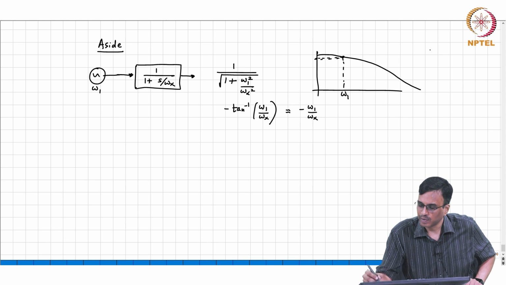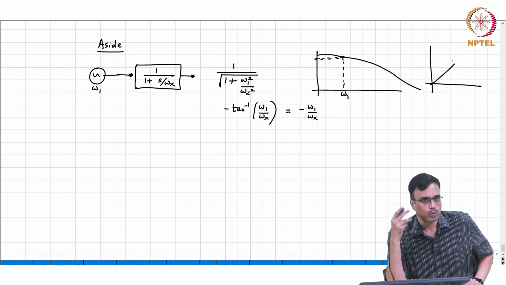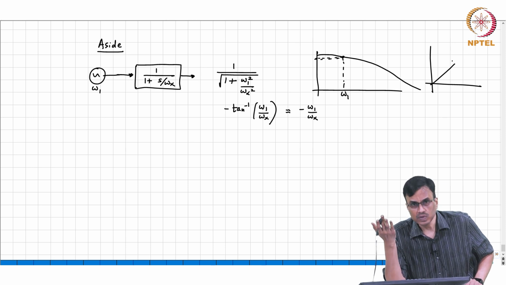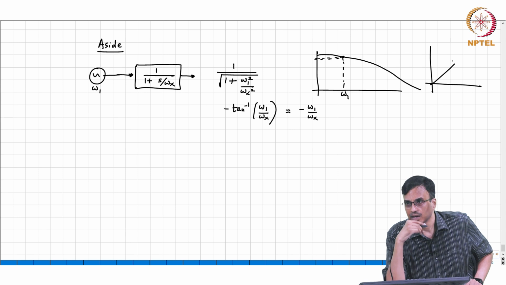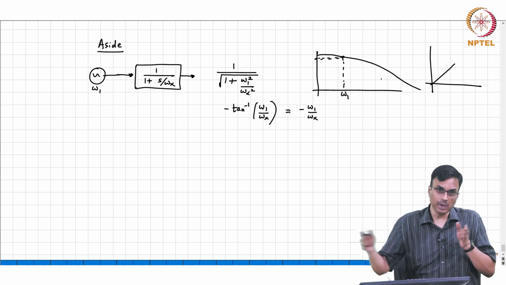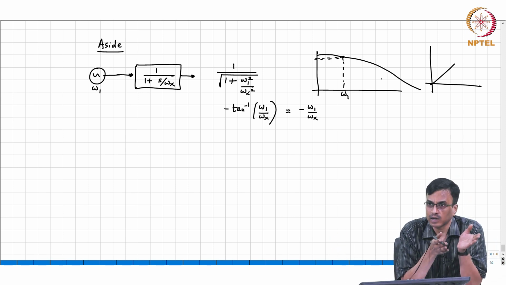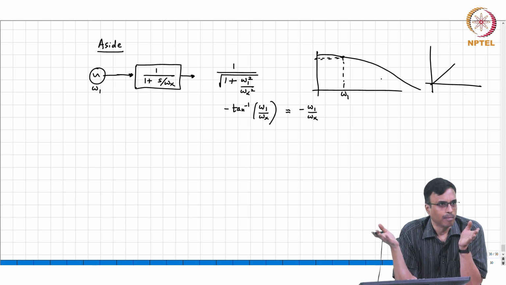The magnitude falls off like this. What comment can you make about the phase lag? It is linear, correct. So it makes a lot more sense to use phase rather than magnitude, because the effect of a pole is visible way earlier in the phase plot than in the magnitude plot.